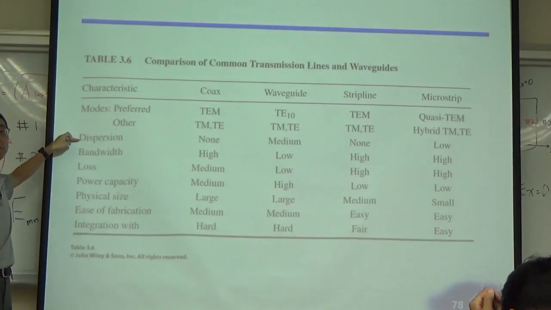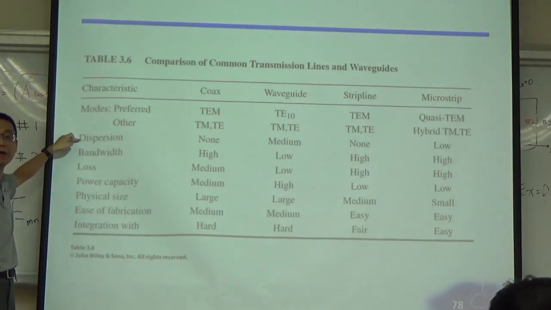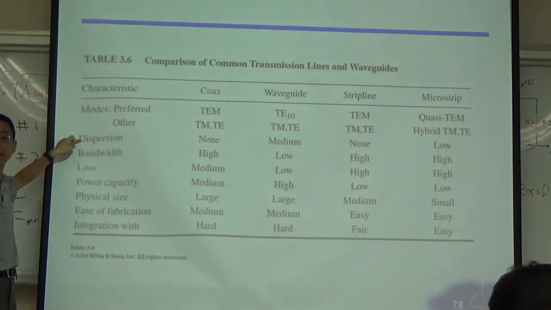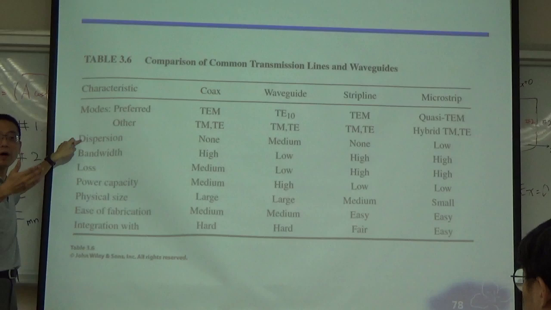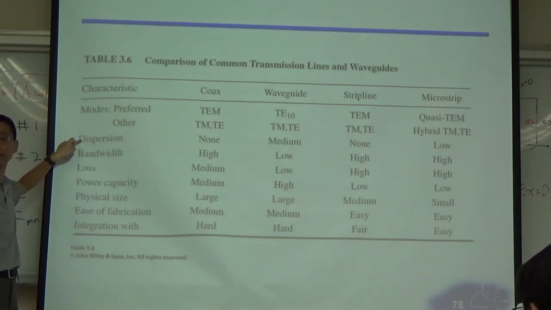This is more complex than what we learned so far. I only introduced the most useful elements of microwave engineering, but that doesn't mean that's it. There is always much more than that. I only introduced you to 3 chapters.